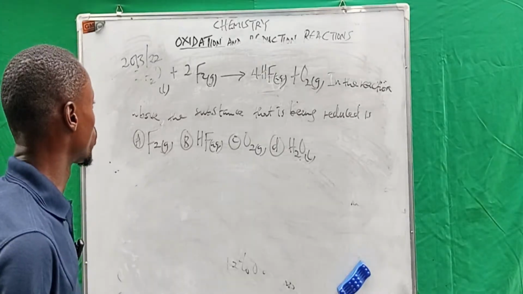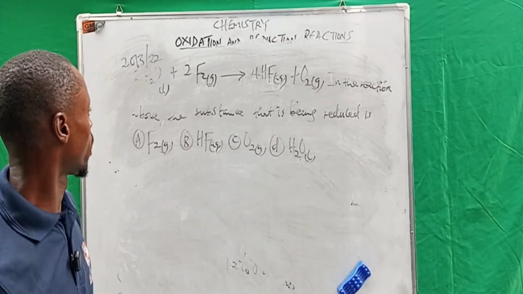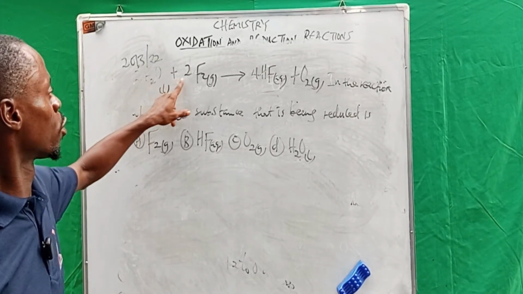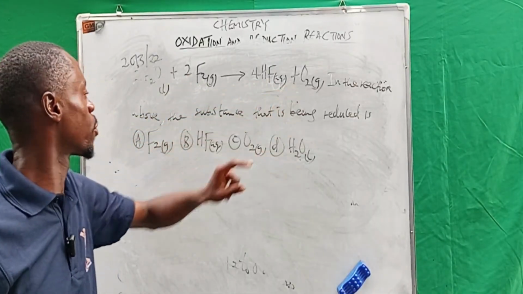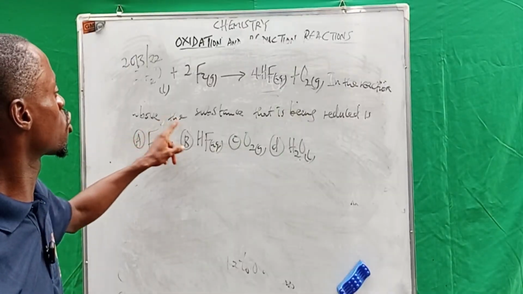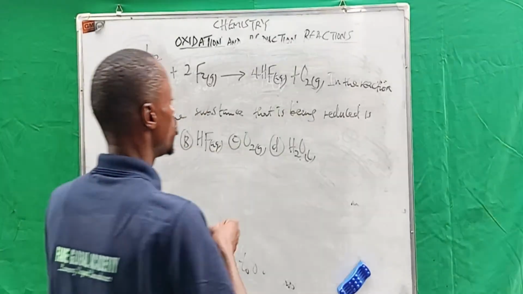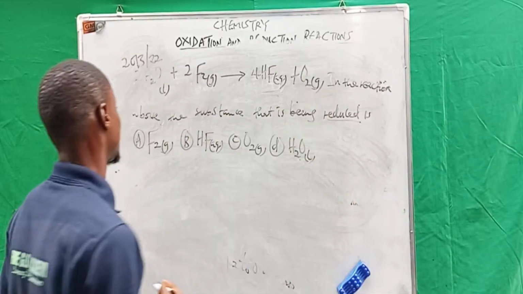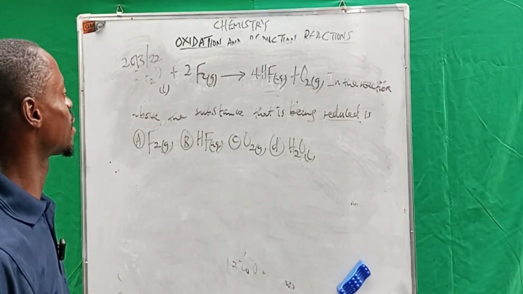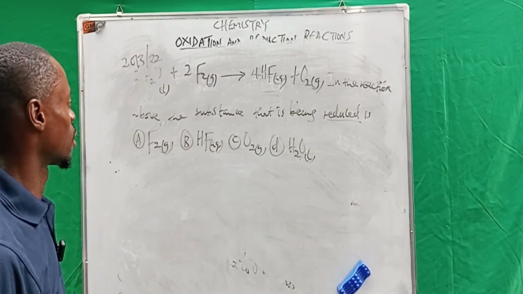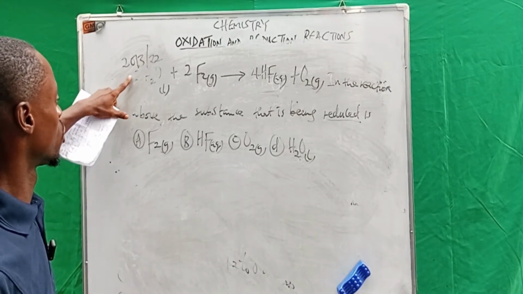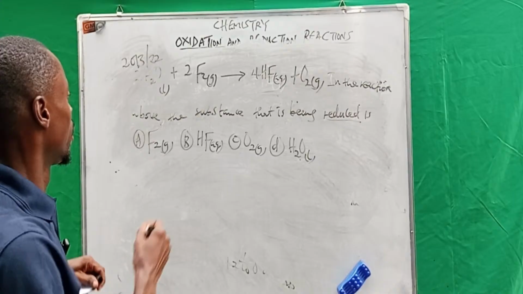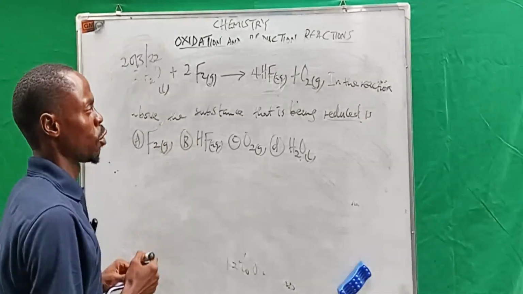All right, let's look at this question on the board. The question says 2H2O plus 2F2 to give 4HF plus O2. In the reaction above, the substance that is reduced is, how do we identify the substance that is reduced? Looking at this question critically, what is reduction?